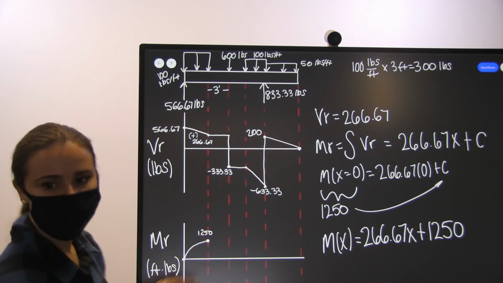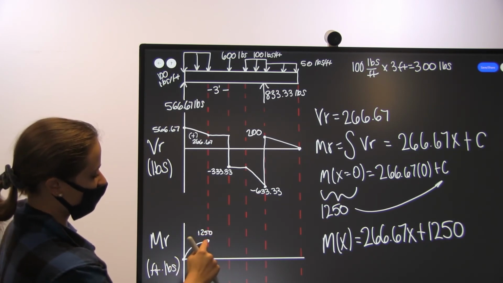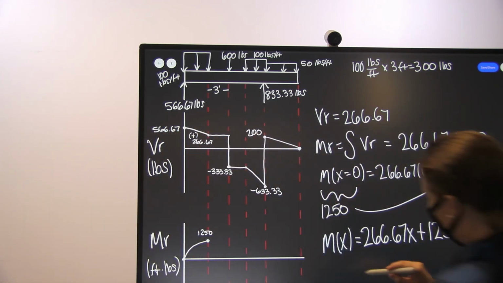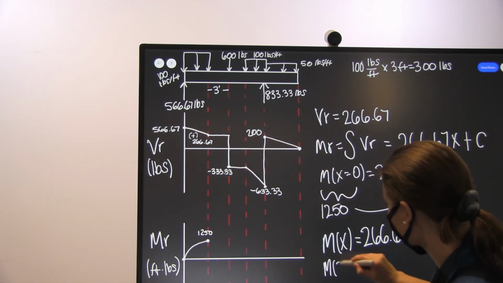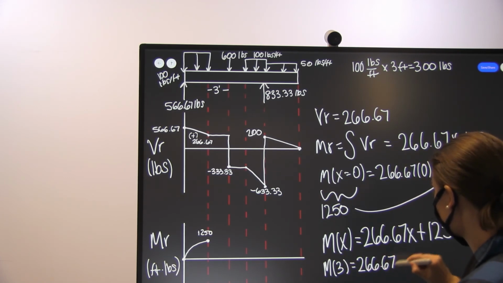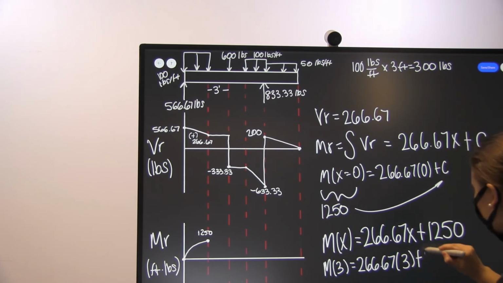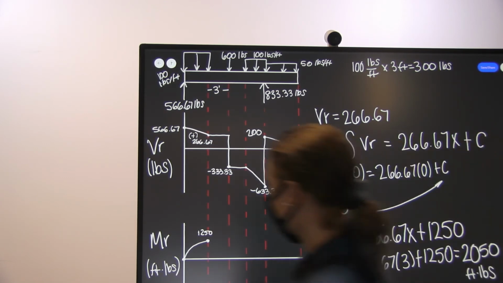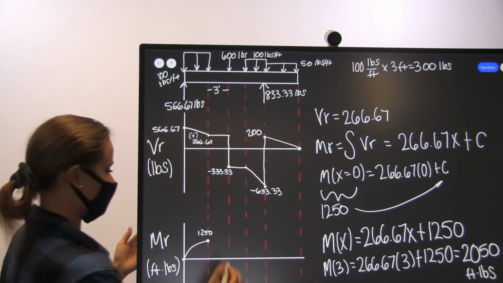So this point over here is going to be where x is equal to 3, x equals 0 here, x equals 3 here. So we're going to plug in m of 3 is equal to 266.67 times 3 plus 1250, and that ends up being 2,050 foot-pounds.